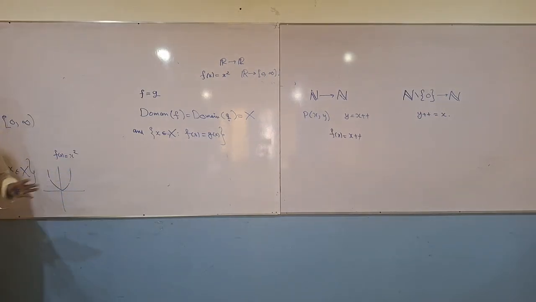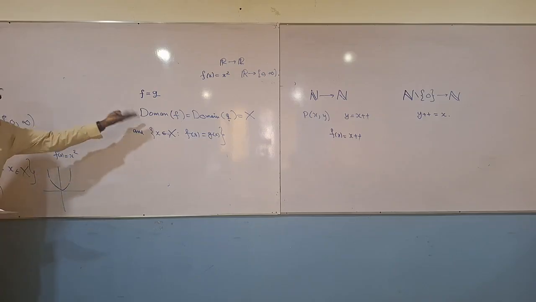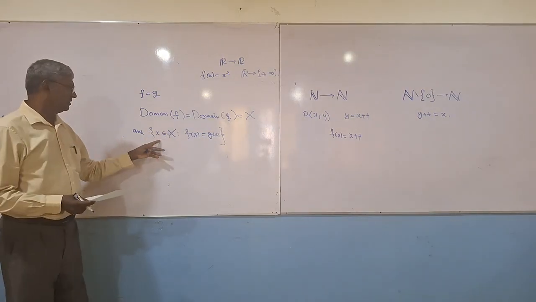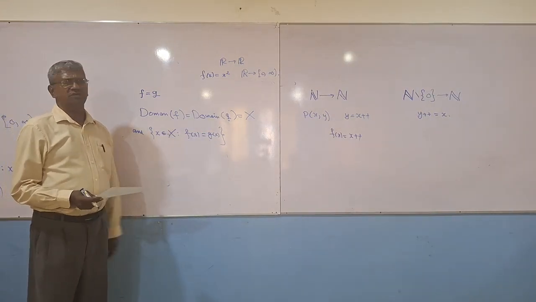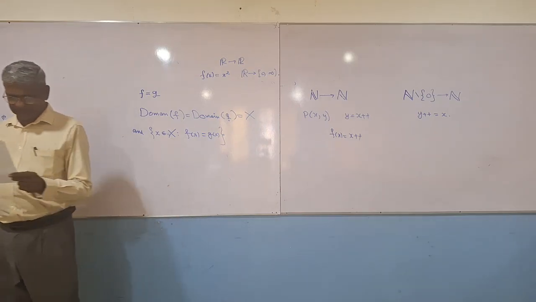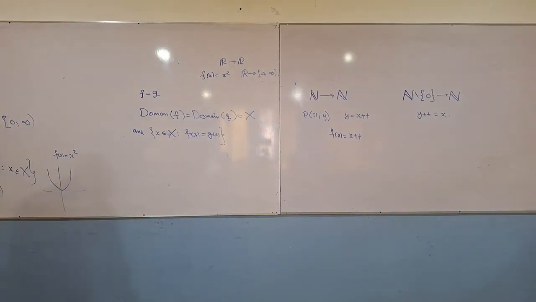What is in the book is not wrong, but this is enough for two functions f and g to be equal: they have the same domain, and for anything in the domain, both outputs are the same. Examples I have written here. You can go through them.